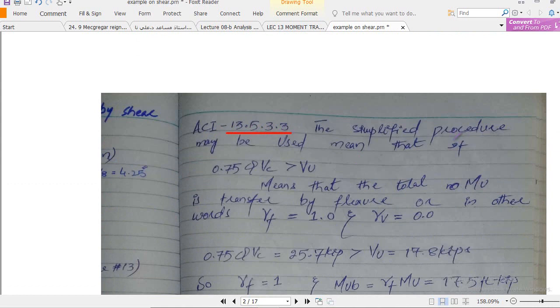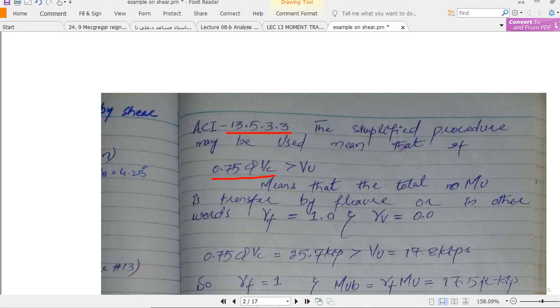13.5.3.3, the simplified procedure may be used if, let's say, the shear strength of your section is more than Vu. As we find phi Vc, if you multiply that phi Vc with 0.75 and it is still more than the Vu, you can use the simplified procedure.